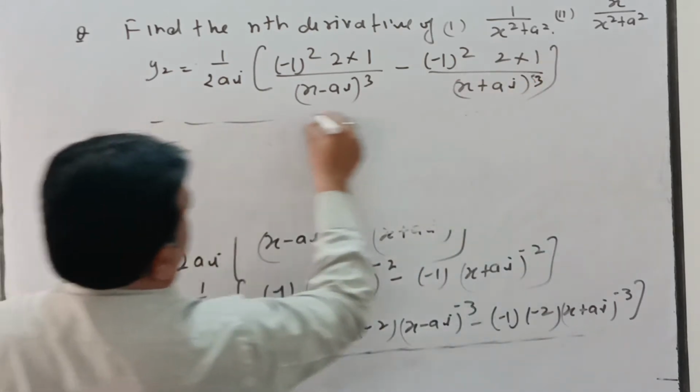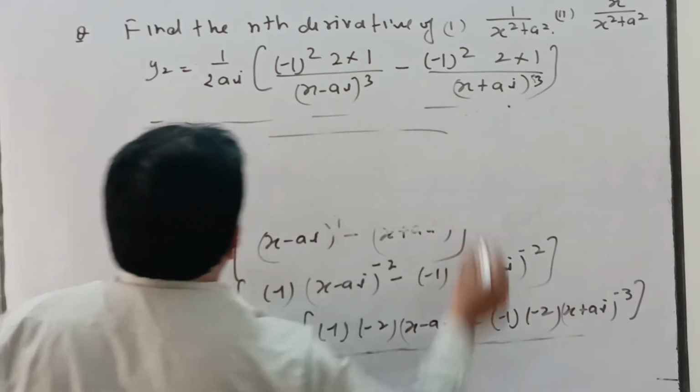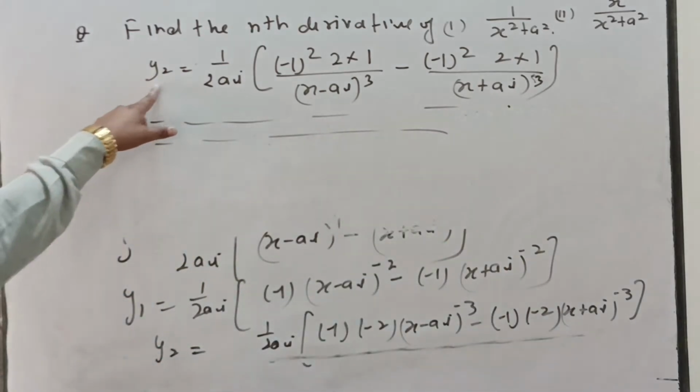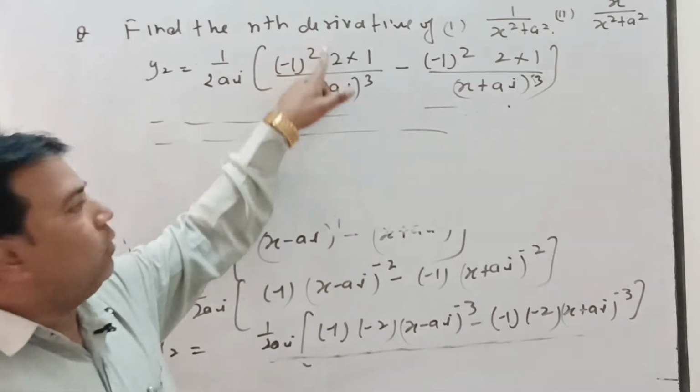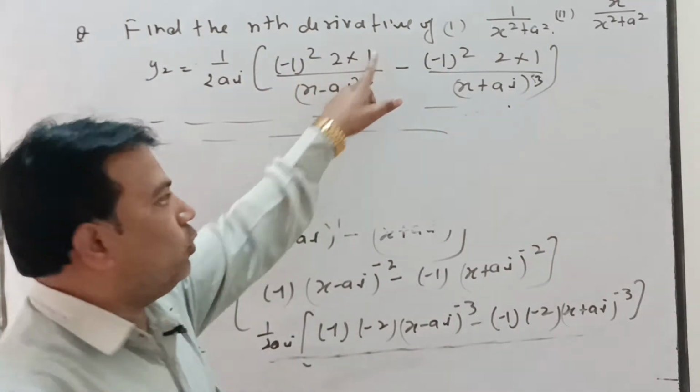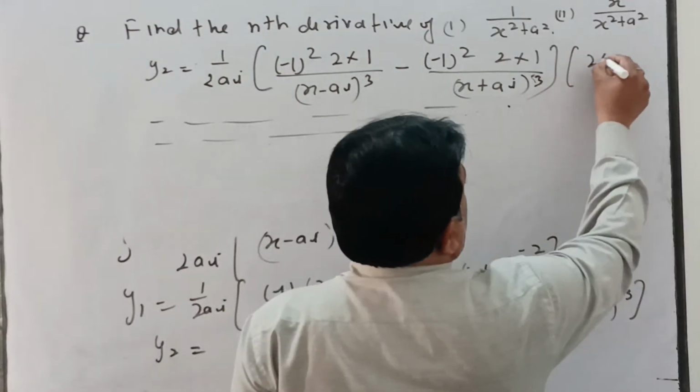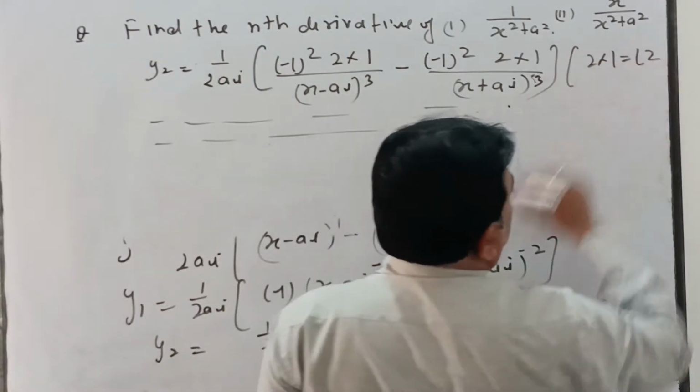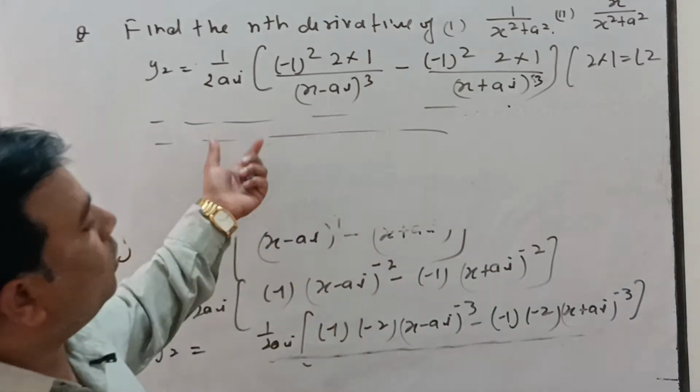So we can see that for two times differentiation we get minus 1 to the power 2, and this is the factorial of 2: 2 into 1 equals factorial of 2. You know about the factorial.